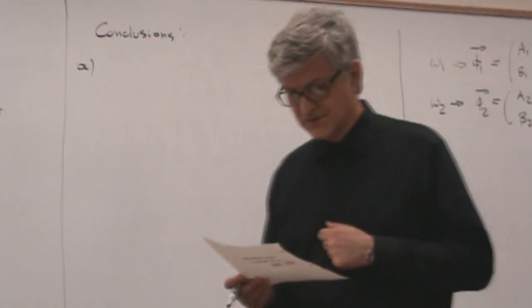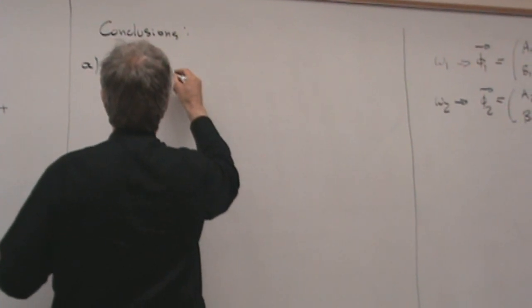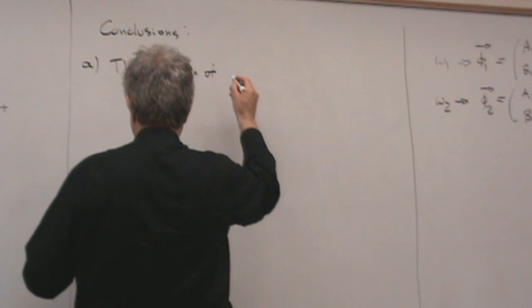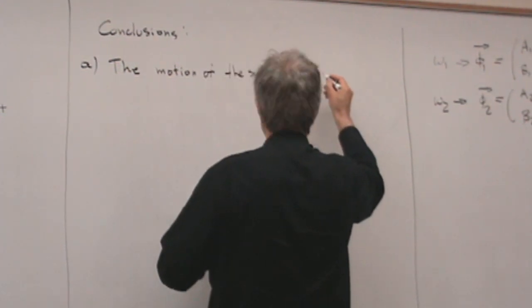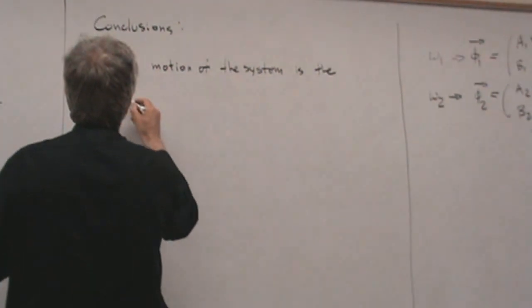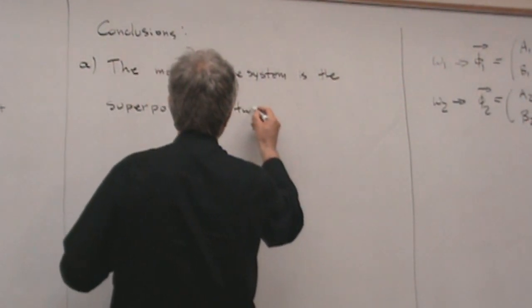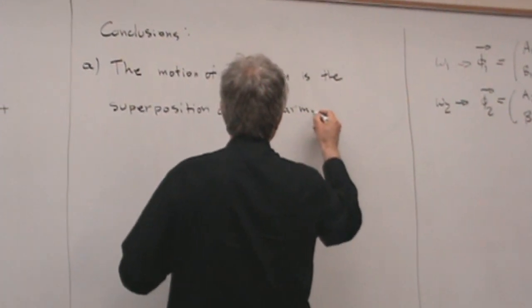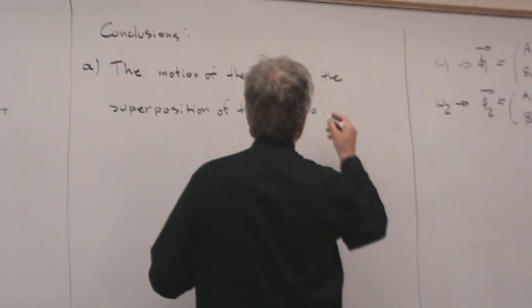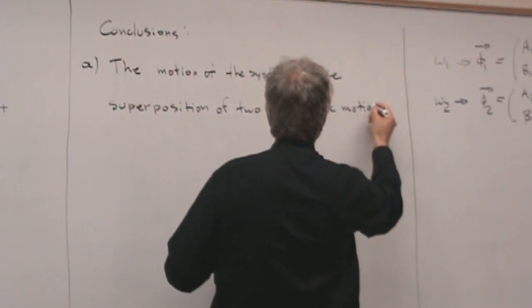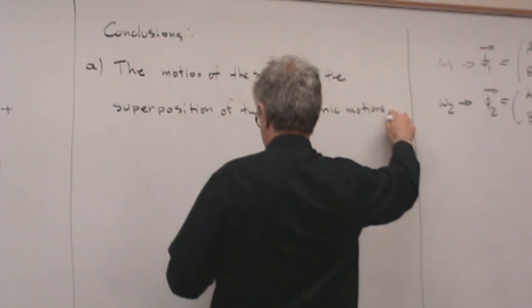The 2 have different frequencies. So the first conclusion is that the motion of the system is the superposition of 2 harmonic motions, or modes.